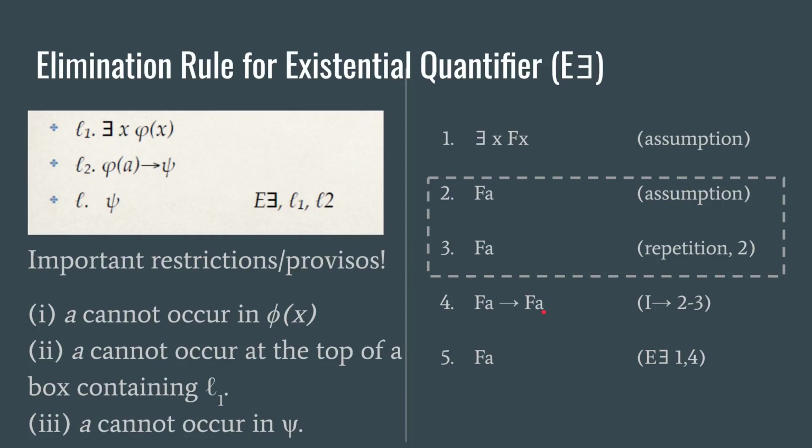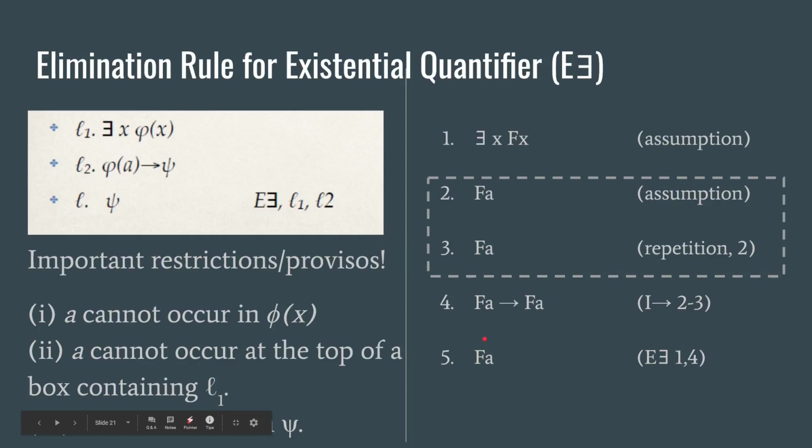Now we have everything we need in order to use the elimination of the existential. We have an existential statement on line 1, and we have an arrow statement with a in the antecedent on line 4. Well, according to this, that means we can write the consequent of the arrow statement on a new line.